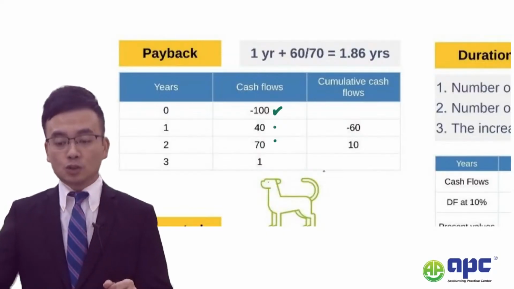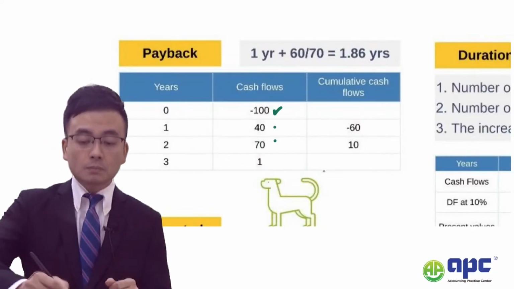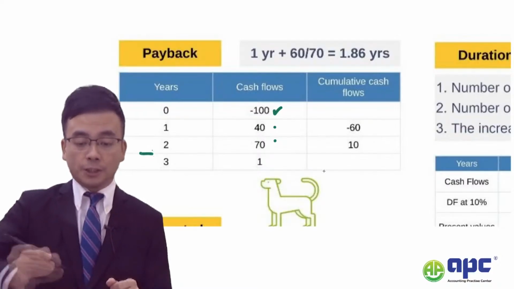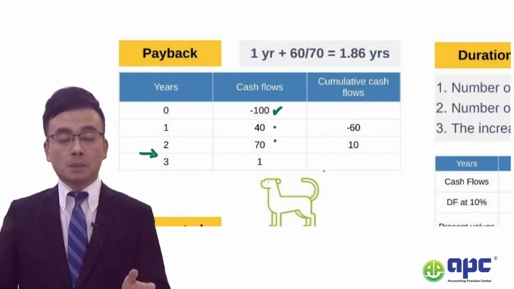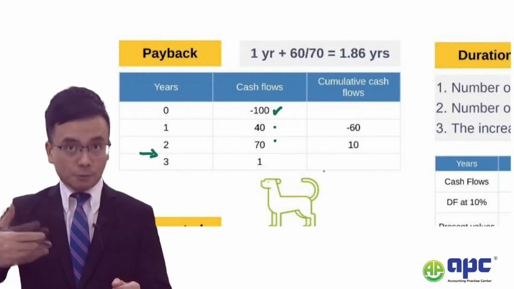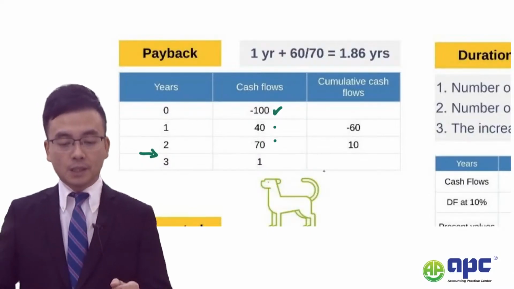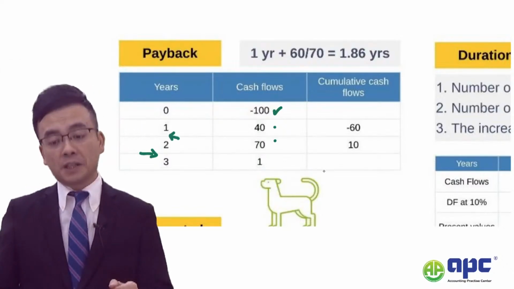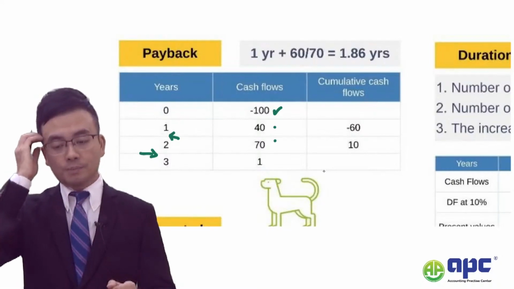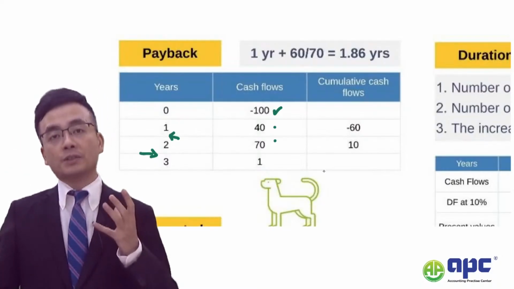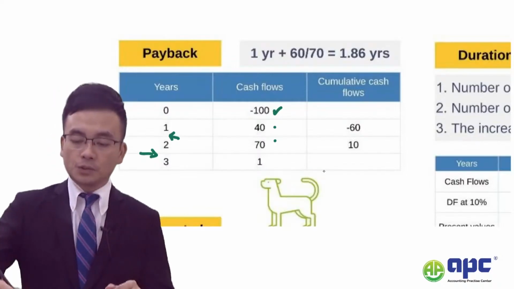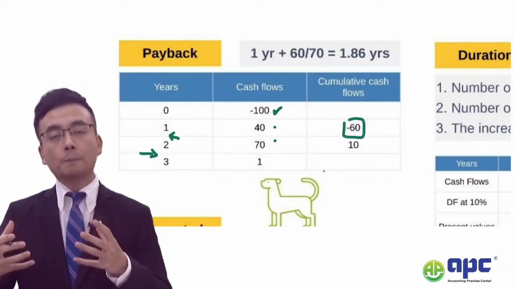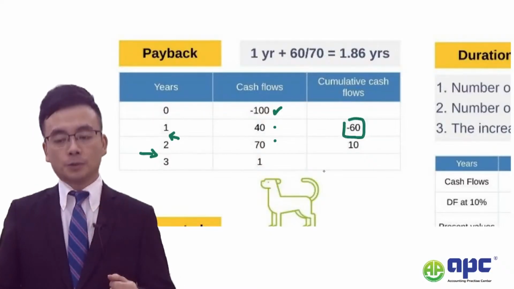So this means that somewhere between year 2 and year 3, we have already recovered our investment. But somewhere between year 1 and year 2, we will be recovering our initial $100. Because as you can see, if we earn 40 in year 1, we still have 60 to go.